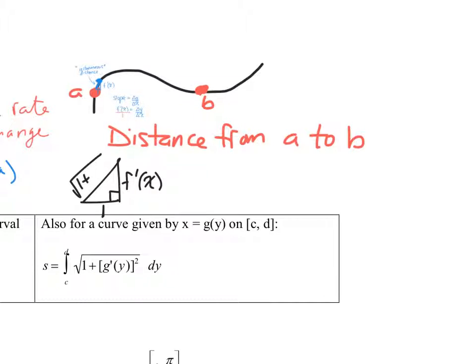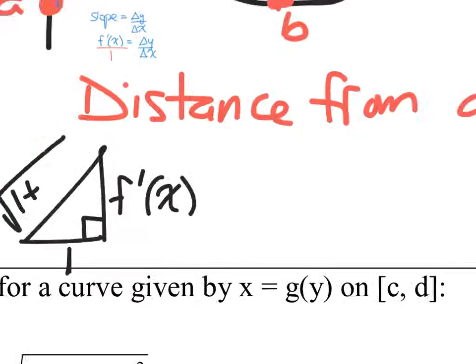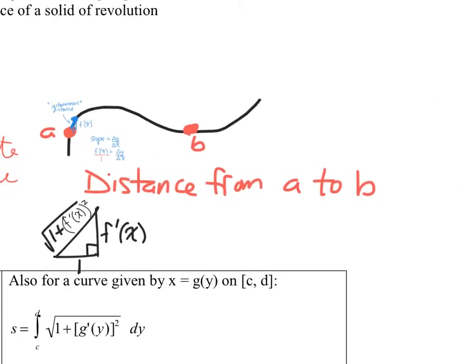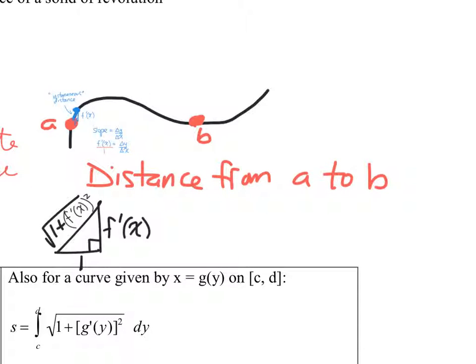That looks terrible. All right, so that's actually what that instantaneous distance is going to be. Each one of these tiny little distances, as they work their way around, is going to be equivalent to the square root of 1 plus f prime of x squared.